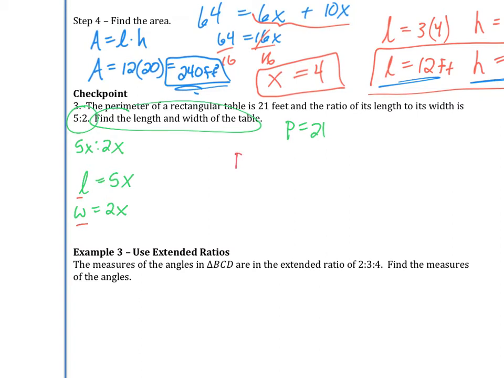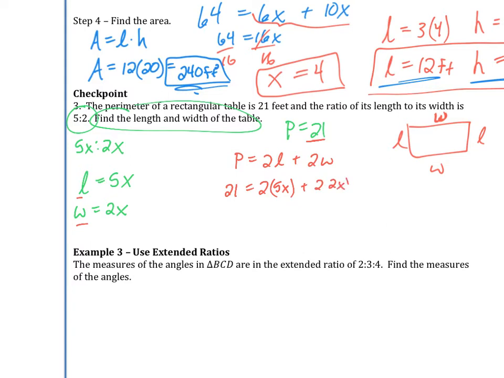The equation is P equals 2L plus 2W. Because in your rectangle you have 2 L's and 2 W's. So when we substitute in, we get 21, because that's what perimeter is, equals 2 times 5x plus 2 times 2x.